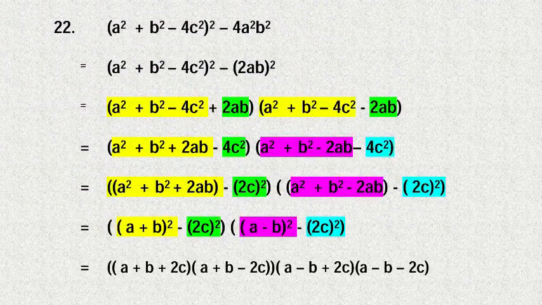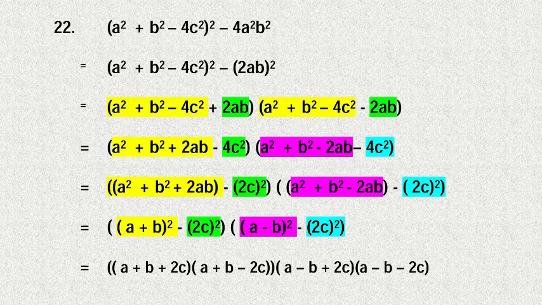Question number 22: (a² + b² − 4c²)² − 4a²b². Observe the slide and each step carefully, children, to help you understand. I have differentiated each step with a different color. Just go through it very carefully.